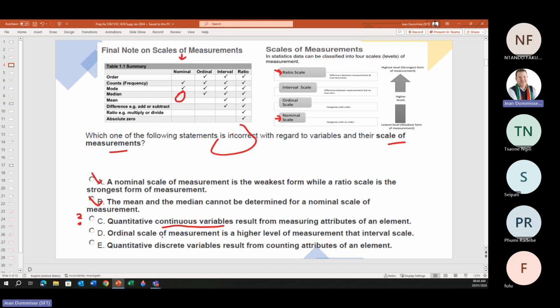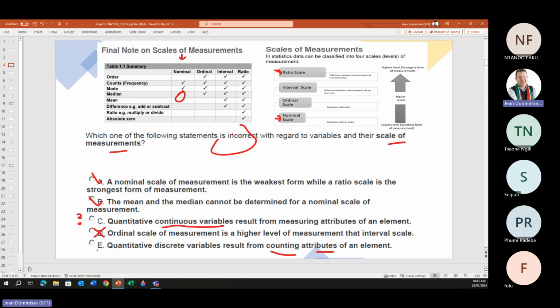Ordinal scale of measurement is a higher level of measurement than interval. Ordinal higher than interval? No. The interval is higher than ordinal, so that one is incorrect. Quantitative discrete variables result from counting attributes of an element.